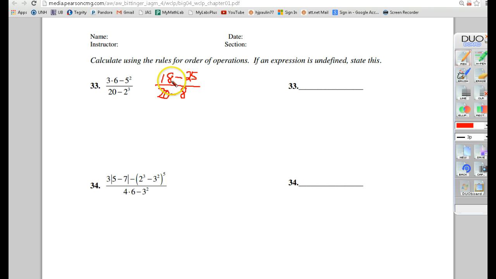So now we can do our subtraction. On the top, we're going to end up with a negative 7. On the bottom, we're going to end up with a positive 12. So that is our answer, a negative. And usually we put the negative sign by the division bar.